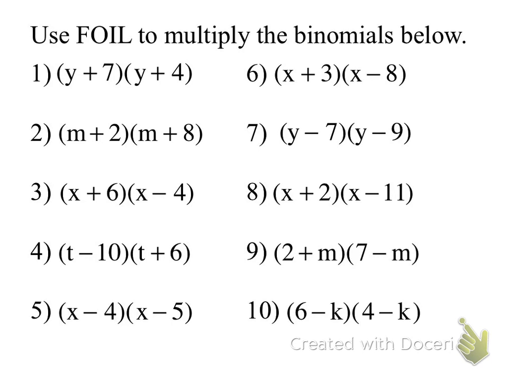Okay, today we are going to do a little bit of a review on 5.9, and then we're going to continue into 5.10. So I want to start with just reminding you what we learned in 5.9, which was if I have y plus 7 times y plus 4, we learned two different ways on how to do this. The first way is, remember, we are going to double distribute.